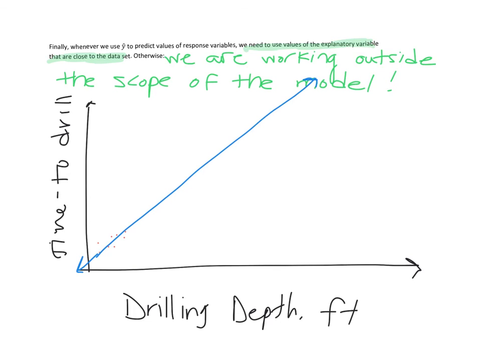And we wouldn't want to use this to, let's say, predict what would happen at like 1,000,000 feet. Okay, so somewhere up here, because at some point we will hit the center of the earth. So this is your y-hat, your least squares regression line, but it might only be relevant, let's say, to maybe right there.